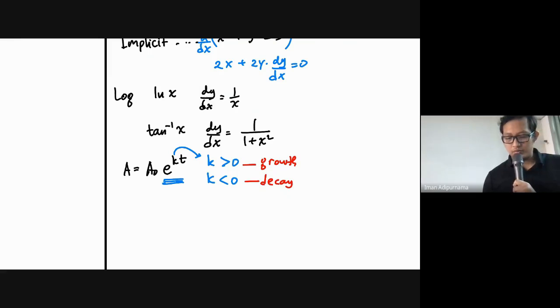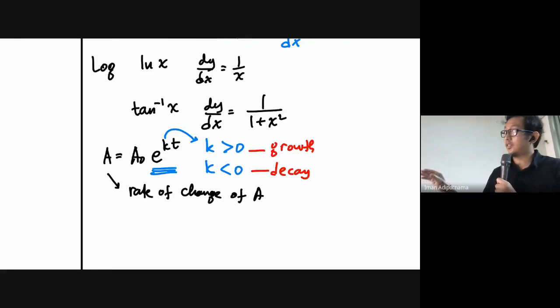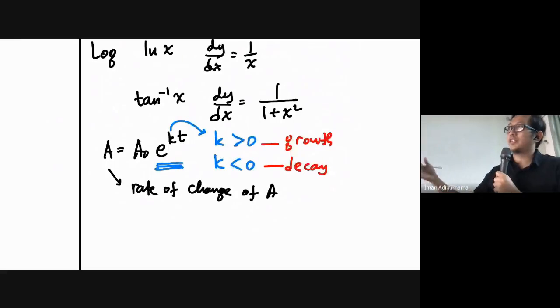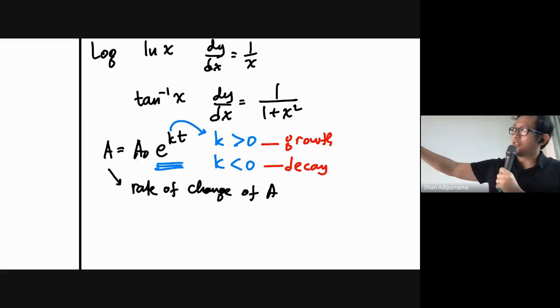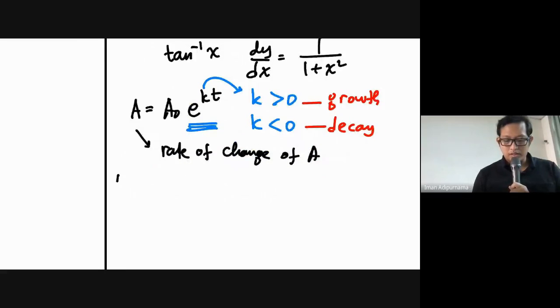And in calculus, we focus on looking for the rate of change of A, in which you take the derivative, and the derivative of e to the exponent will result in another exponent, and the constant k will go to the front. Another point is the related rates.